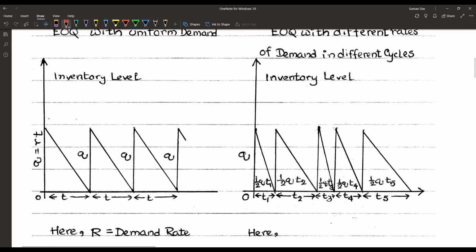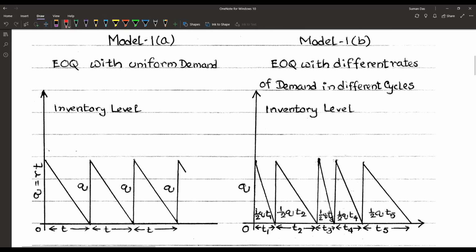Let's check the diagram here. The first diagram gives us the example of model 1A where the demand is uniform, and in model 1B the demand differs in different cycles, that means in different times.